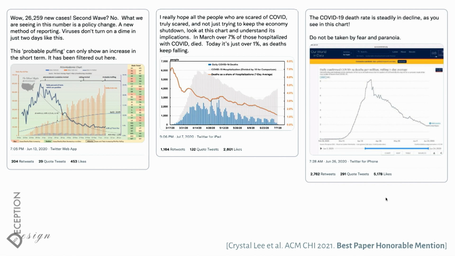So these are 3 charts that we collected as part of a study during the height of the pandemic that were massively distributed on social media, on Twitter, on Facebook. And what you'll notice is that in all 3 cases, cast your minds back to the summer of 2020, right? We were all locked down. We were all worried, or most of us were worried, about the state of the pandemic.